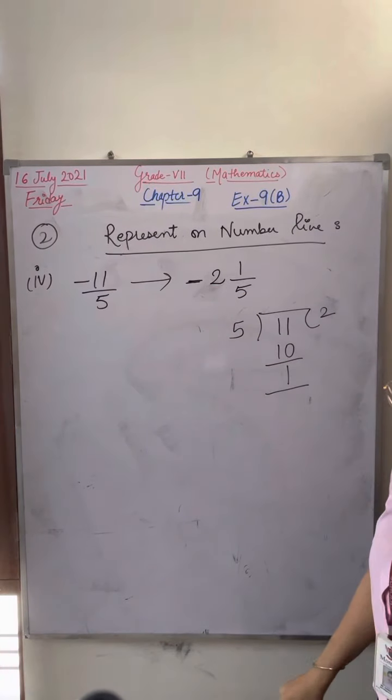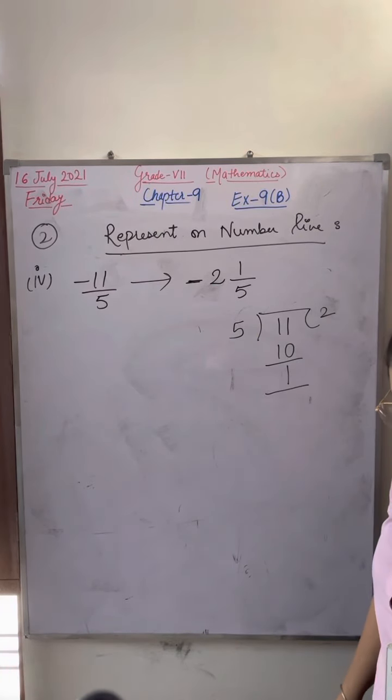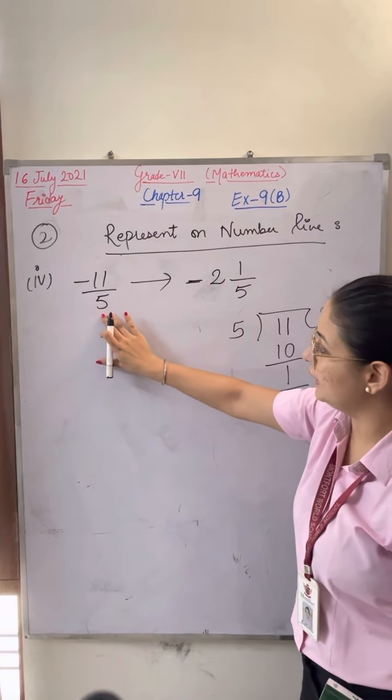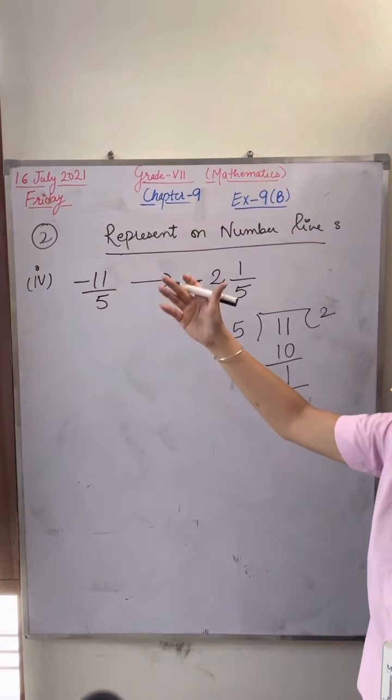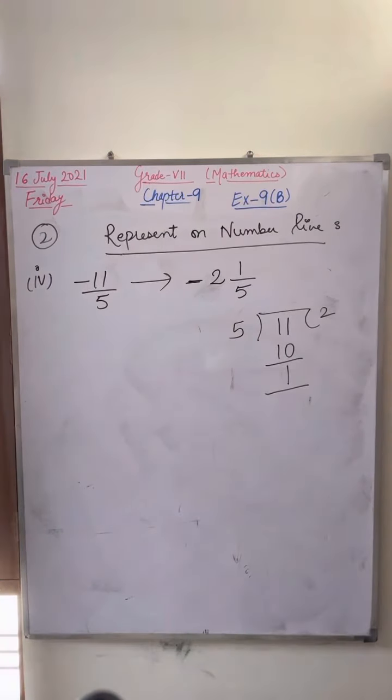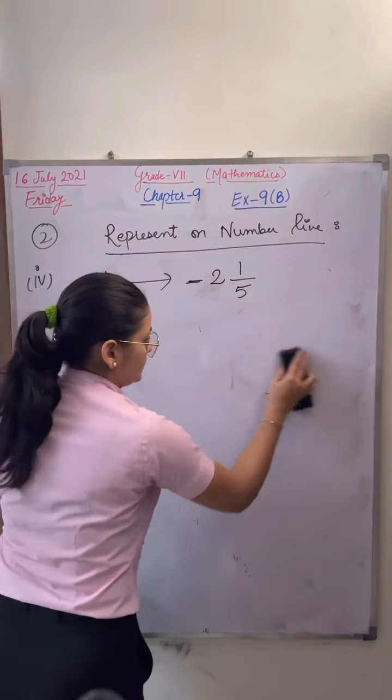If the fraction is improper, when the denominator is smaller than the numerator, then write it in the mixed fraction.